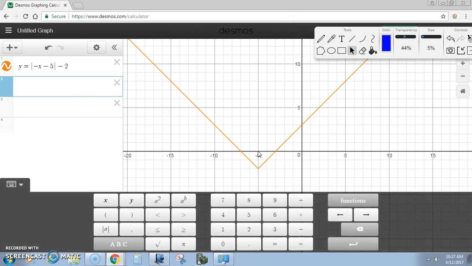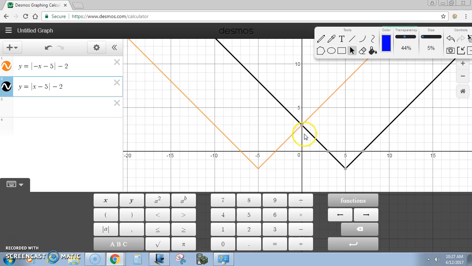So the negative on the outside flips it up or down across the x-axis. The negative on the inside, and it works for everything, flips it across the y-axis. So let's put the other one back. So y equals absolute value x - 5 and then - 2.